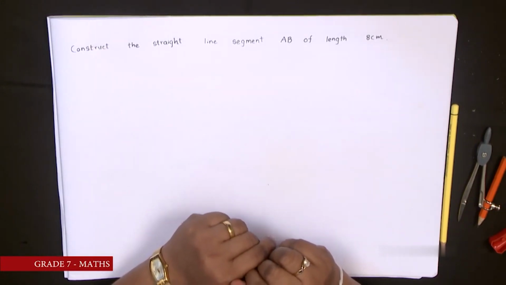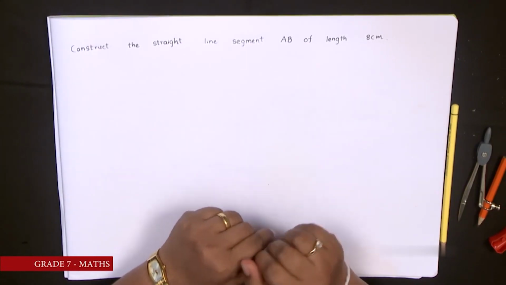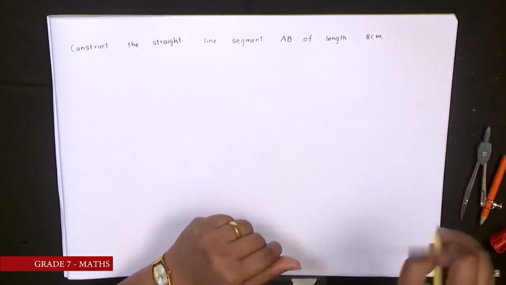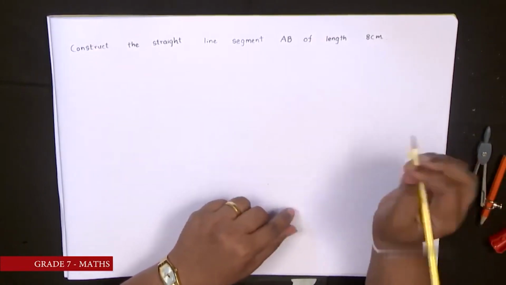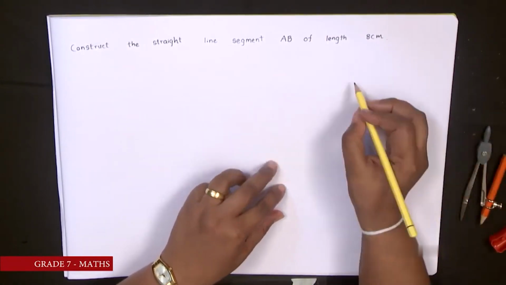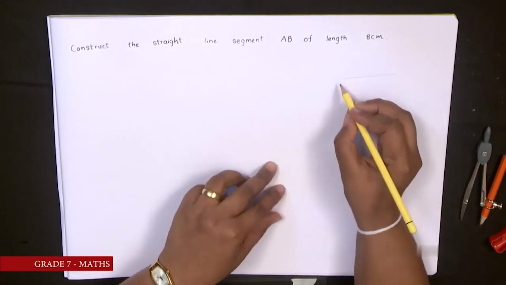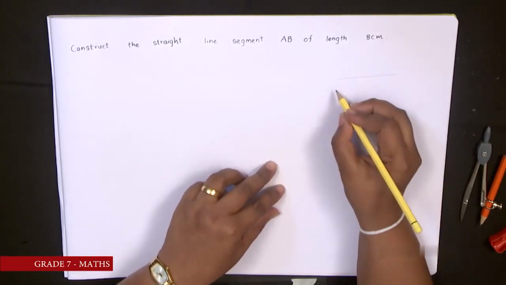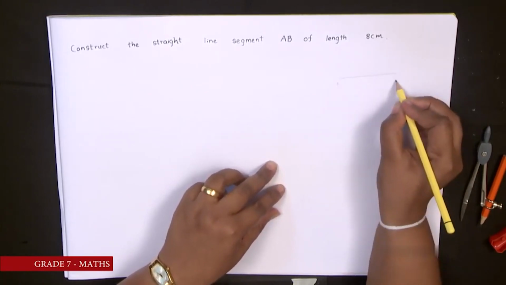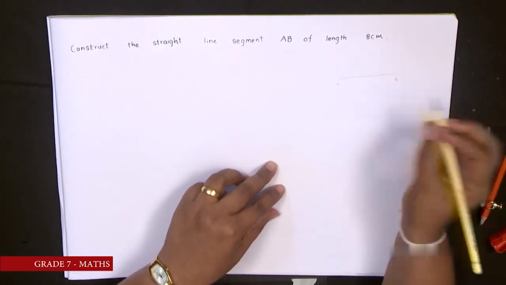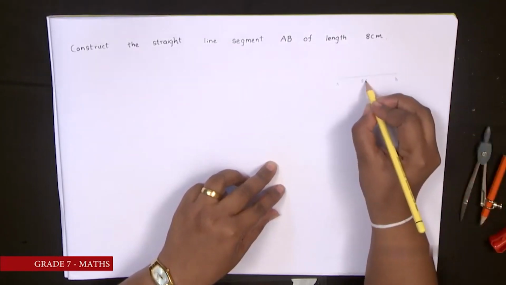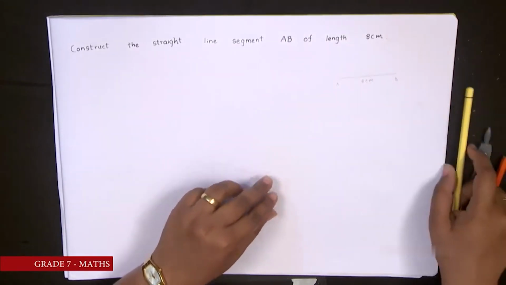When you are drawing a rough sketch, you should not use a ruler. You can draw it with your free hand. I have to draw a straight line segment. The straight line segment should be named as AB and the length should be equal to 8 centimeters.